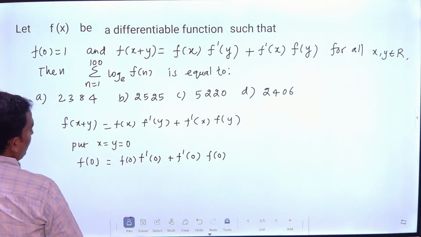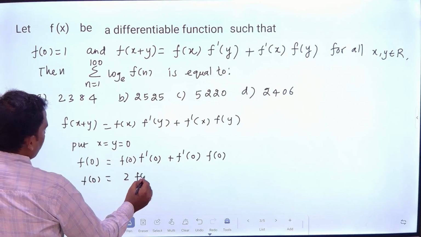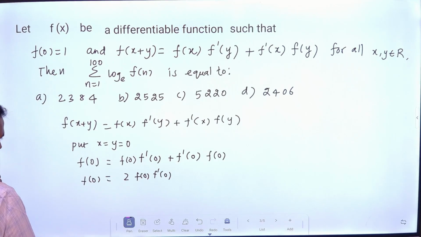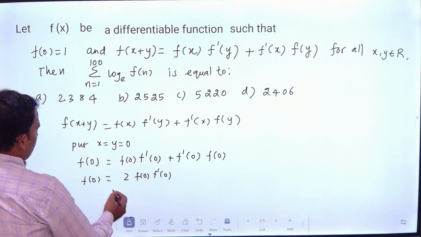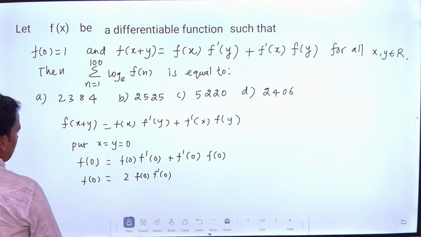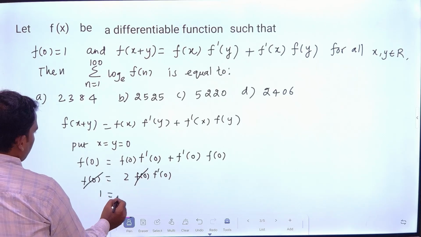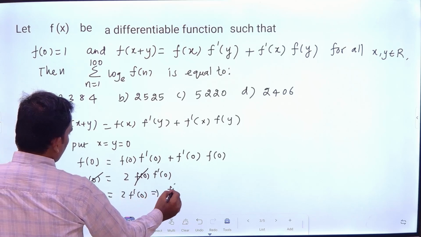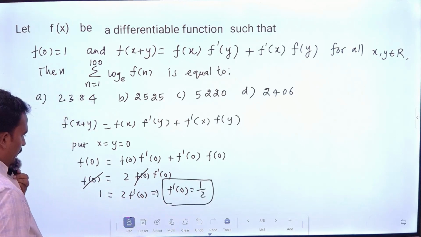Otherwise you can see f of 0 is equal to 2 times f of 0 into f dash of 0, correct? Clear? So in this case, f of 0 will be cancelled, then 1 is equal to 2 times f dash of 0. This implies f dash of 0 will be 1 by 2. Clear? Okay, fine.